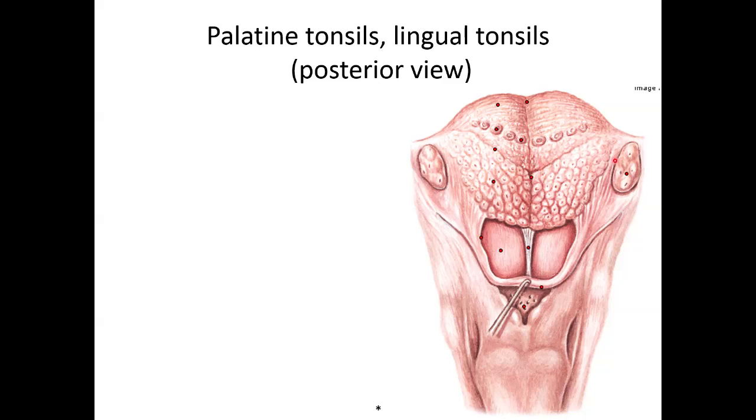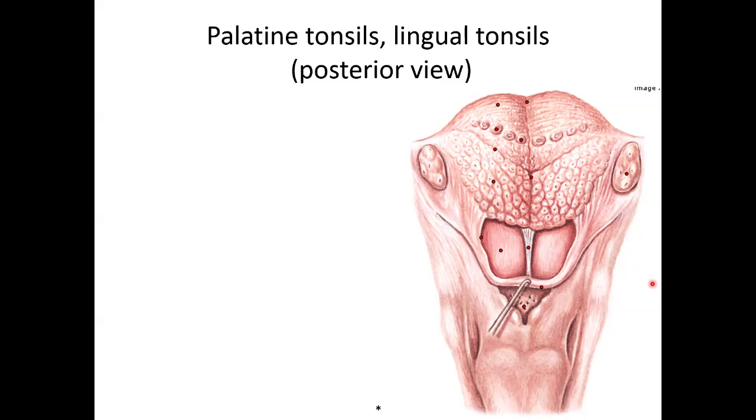And what are these paired structures? These are tonsilla palatina, paired palatine tonsils. Here it is the right palatine tonsil, and here it is the left palatine tonsil. So it's the inferior part of the lymphoepithelial ring.